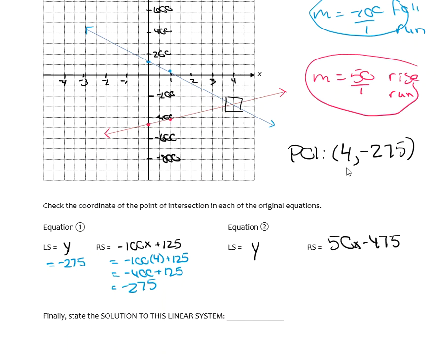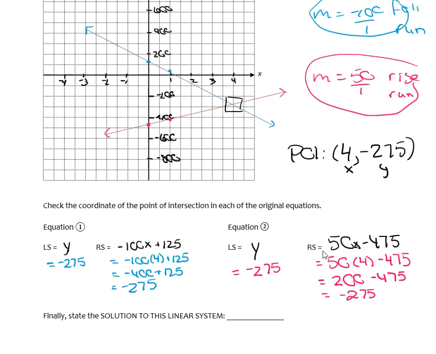Now we want to know if this coordinate is on the pink line too. So in for y, I put negative 275, same as the other side. Now my right side this time is 50 times x, x is 4, minus 475. 50 times 4 is 200, minus 475. Yes, again, we get negative 275.